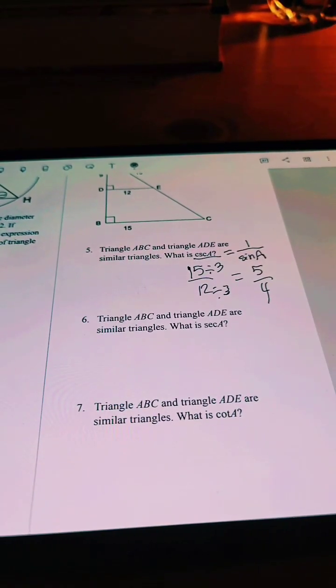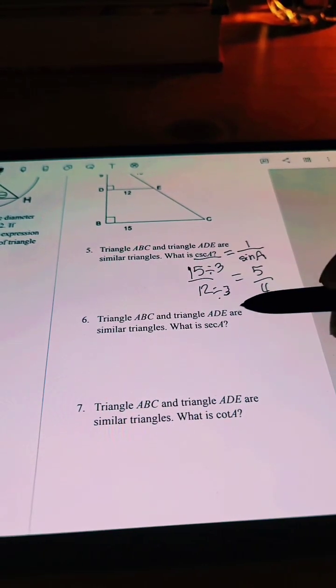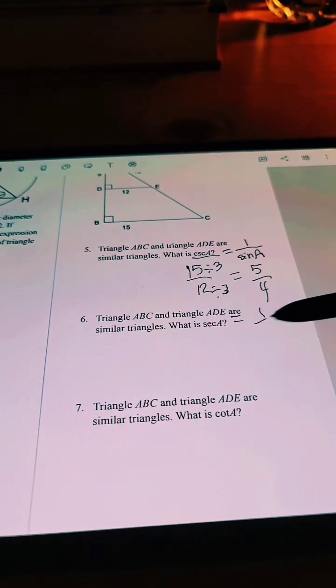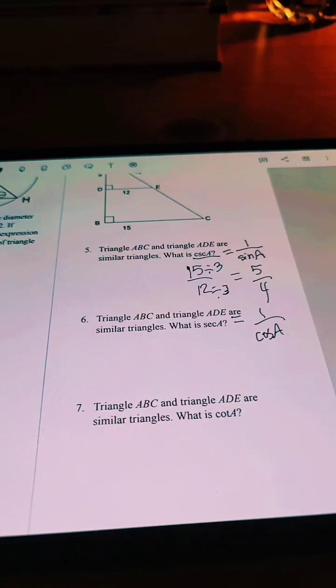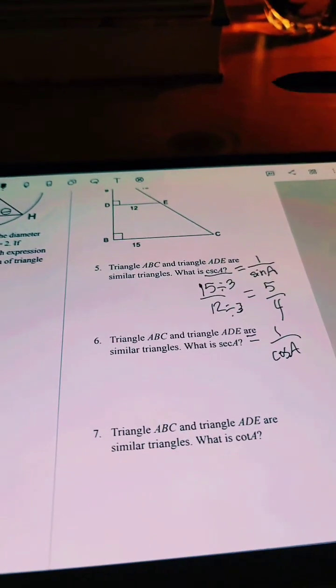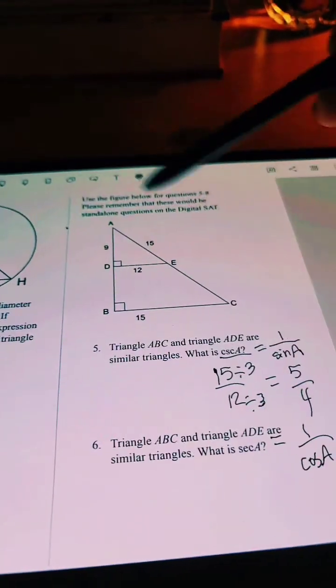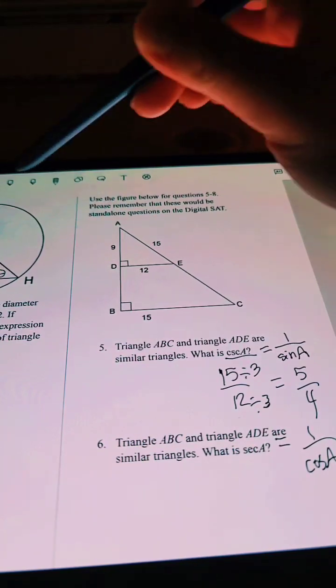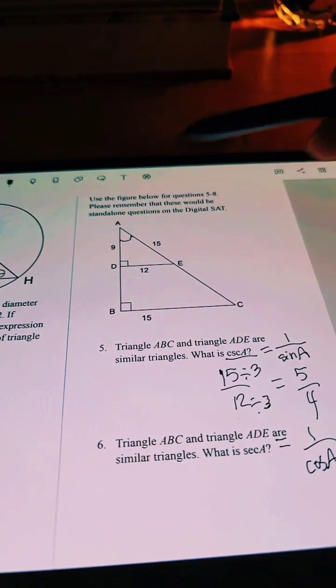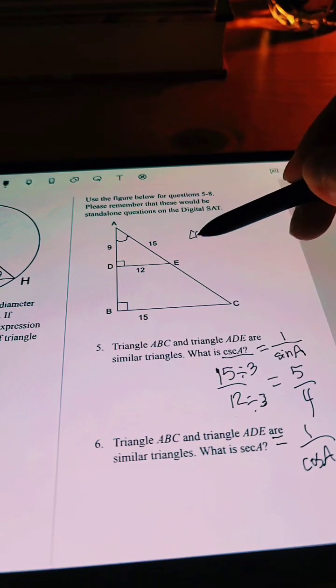And now we're going to do the secant of A. Again, the reciprocal is the opposite of what you would think when I remember it. So secant is equal to 1 over the cosine of A. I'm looking at the same reference angle, A, right up here. What is cosine of A?